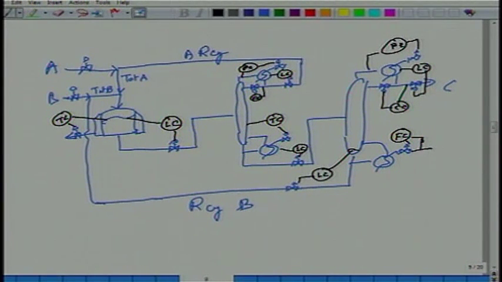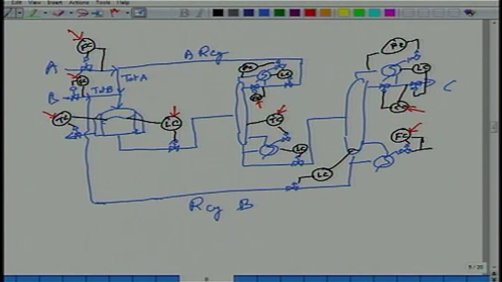No big deal. How do we manage A and B? Let's just do what we were doing earlier. I'll flow control the fresh A and I'll flow control the fresh B. Not the total B, but the fresh B. So what are my 8 set points that I am setting? 1, 2, 3, 4, 5, 6, 7 and 8.